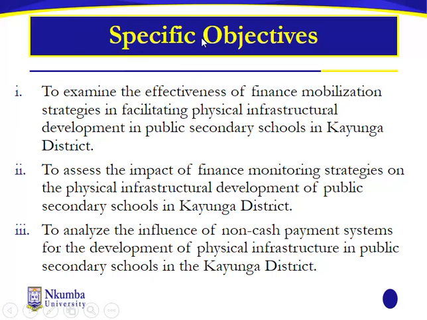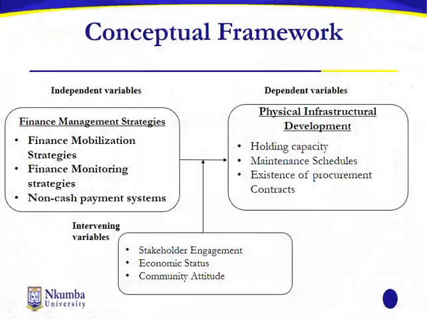Then specific objectives. But for you to understand specific objectives, you need to know the mother of objectives. The mother of objectives, Mama Wazo, is called the conceptual framework. When someone does not have the conceptual framework, possibly they do not have proper objectives.